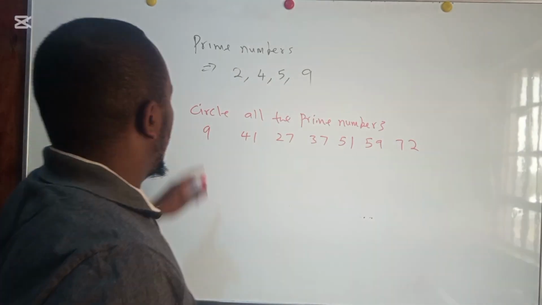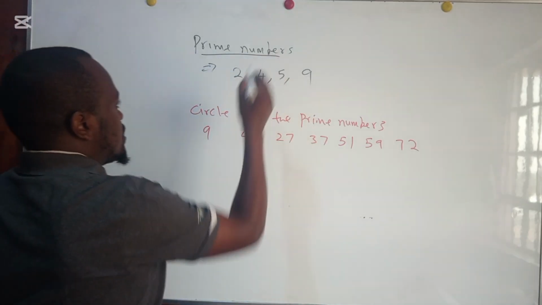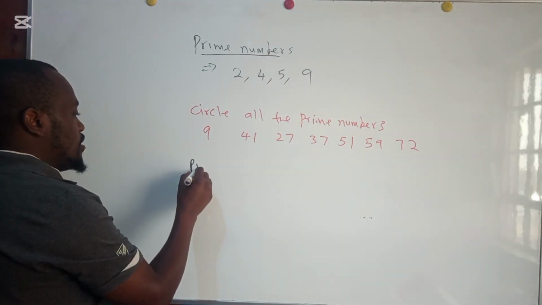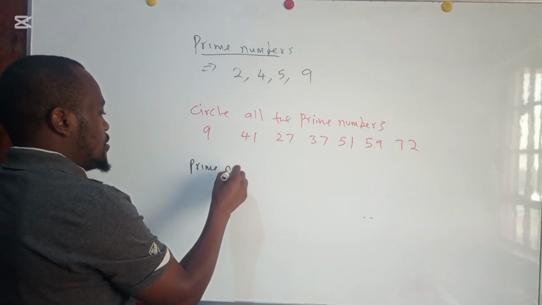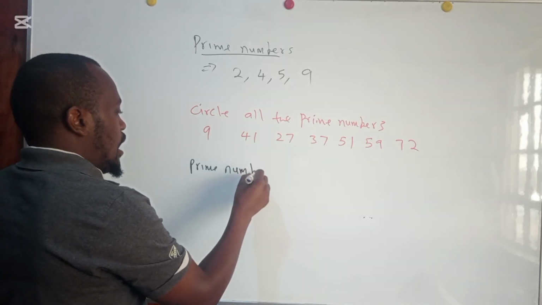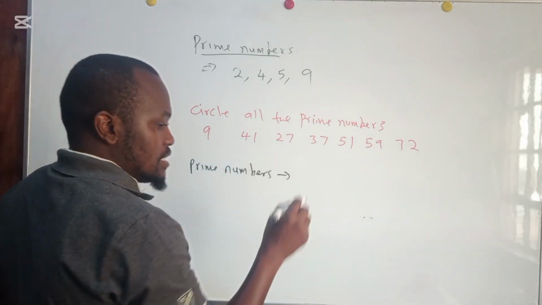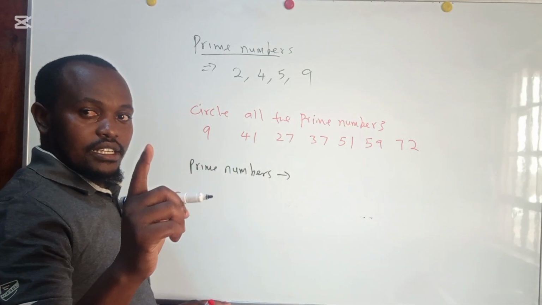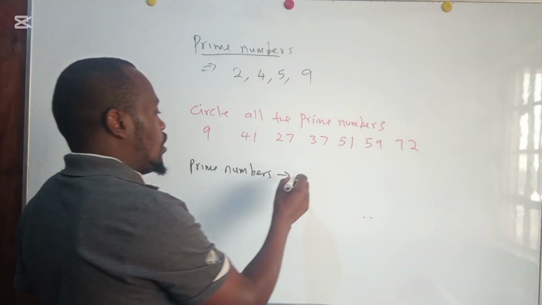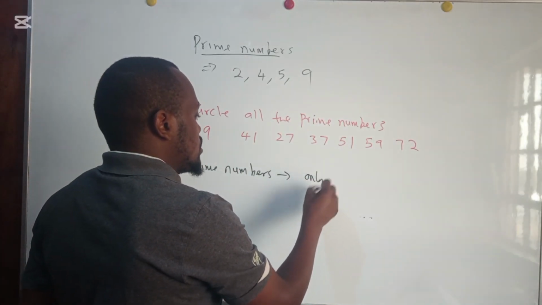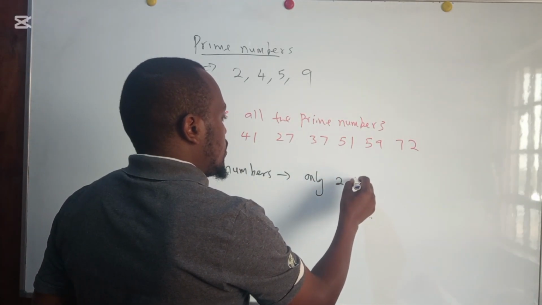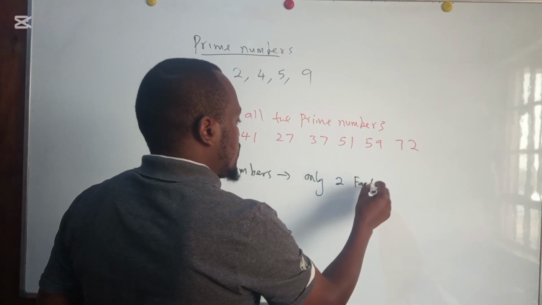So what are prime numbers? Prime numbers are numbers that are greater than 1 and which have only 2 factors.